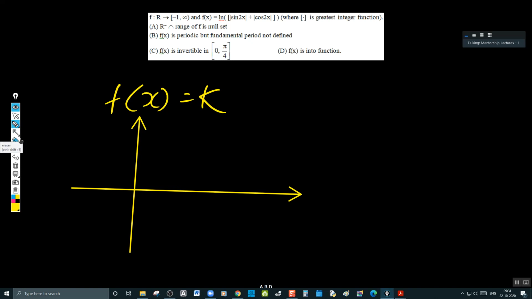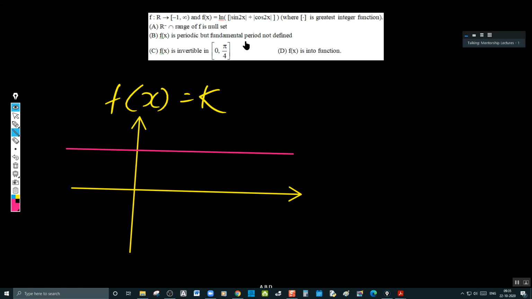It is just like this, parallel to the x-axis. Do you accept that it is periodic or not? Yes, sir. It is periodic, but fundamental period is not defined in this case.